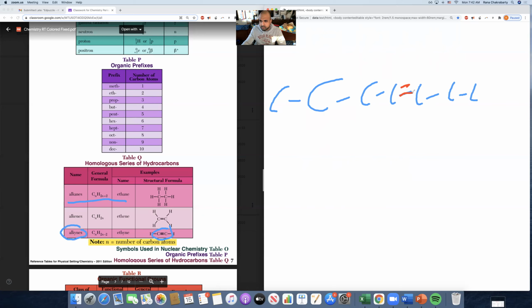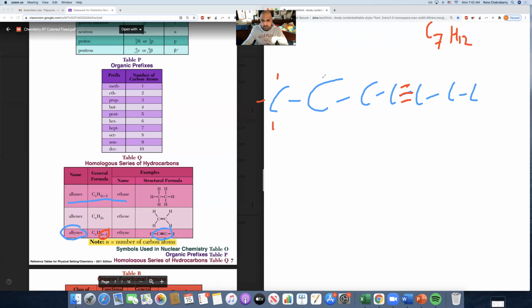It doesn't really matter actually. Let's put it over here. So if I were to draw this correctly, if I have 7 carbons, I should have double minus 2. So double 7 is 14, minus 2 is 12. So let's see if that actually happens.